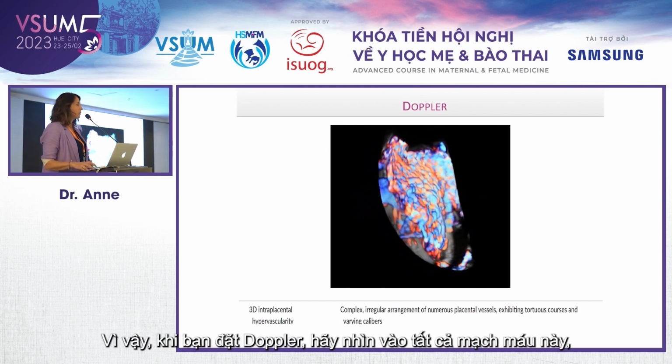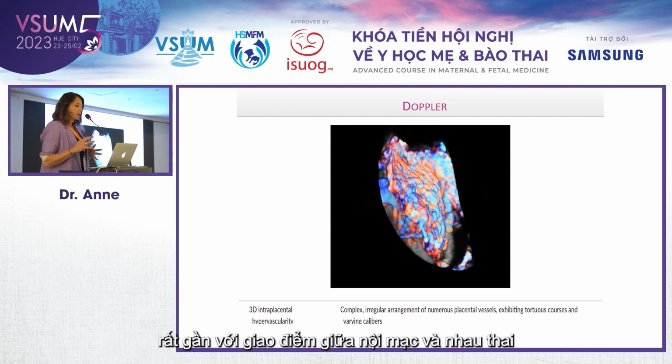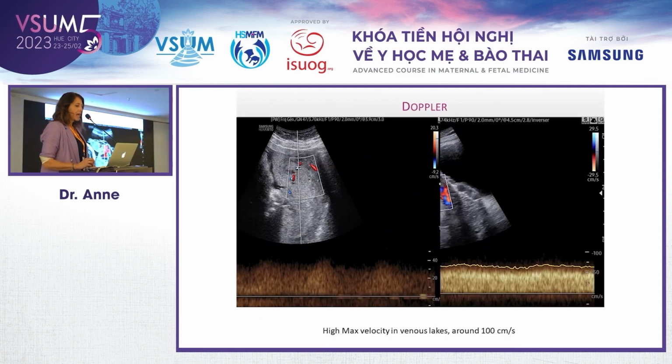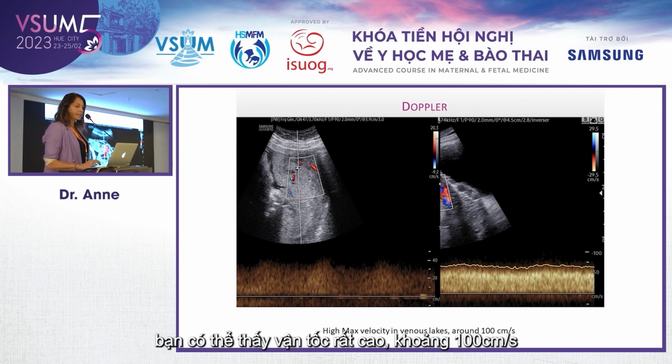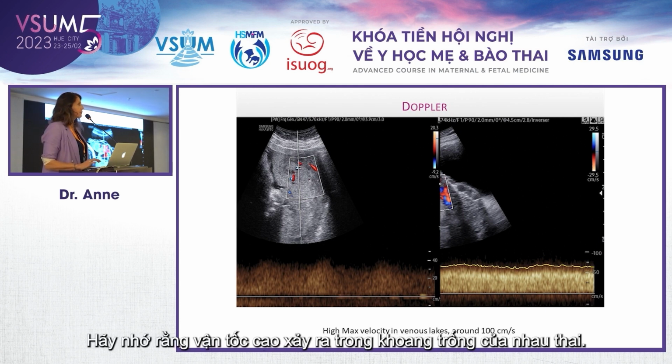When you apply Doppler, look at all those numerous vessels very close to the interface between the myometrium and the placenta. What could be very interesting is to measure the velocity inside the venous lakes here. You can see that the velocity is very high, around 100 centimeters per second.